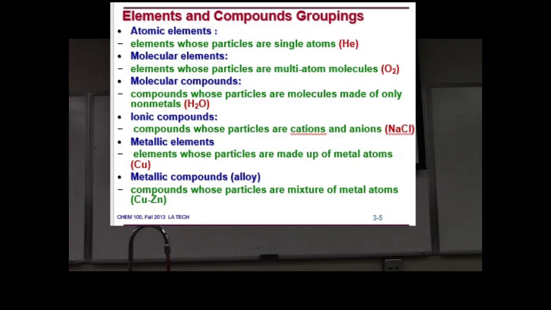But the rest of the elements, non-metals like nitrogen, oxygen, chlorine, bromine, iodine, phosphorus, sulfur, will be molecular elements. What do you mean molecular? What is the difference between an atom and a molecule?